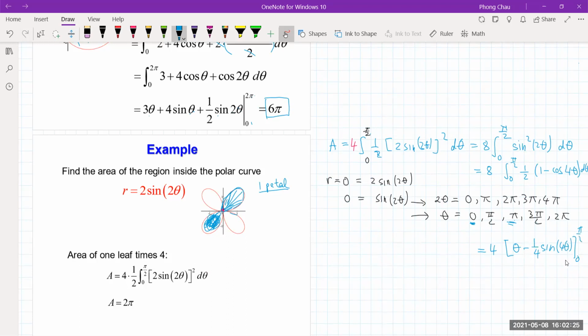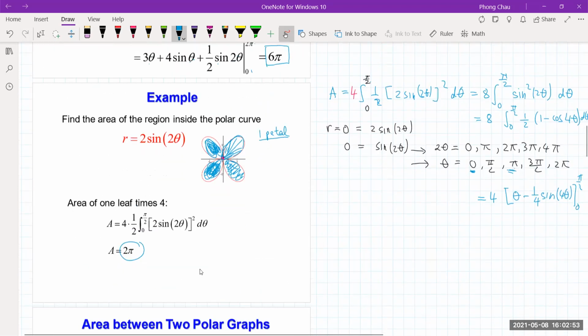Plug pi half in, plus 0 in. I think we got all 0 except the pi half times 4. So your final answer is actually 2 pi as the area of everything inside of this curve. Okay, so 2 pi.